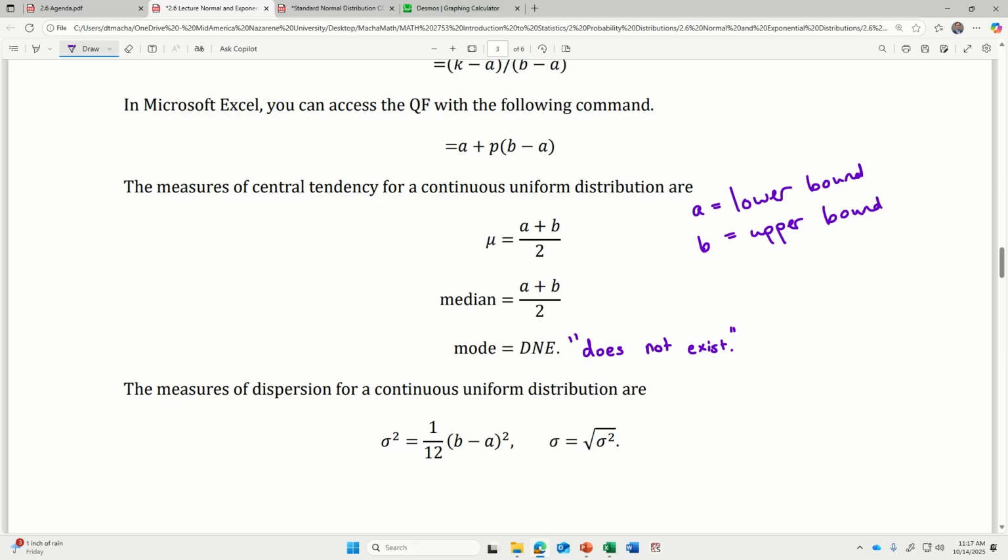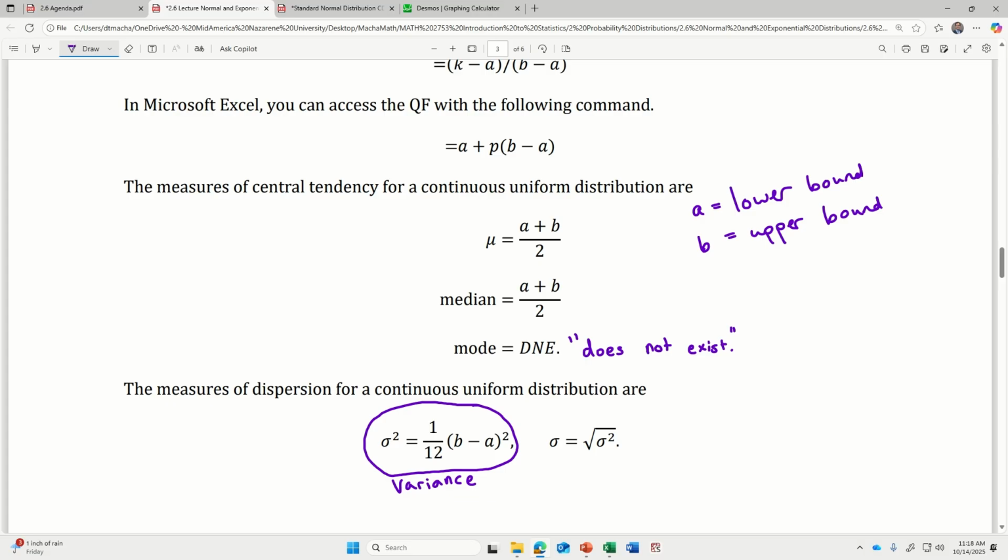Once again, look at the formula for the variance. We would need to know that formula for a test, so write that down on your little page of handwritten notes. This would be the variance for the continuous uniform distribution. And then what do you do if you want the standard deviation?